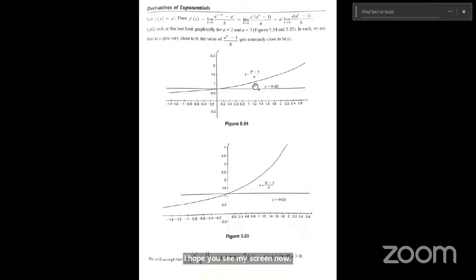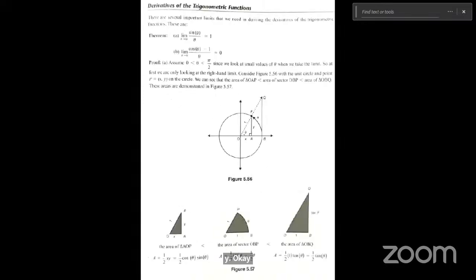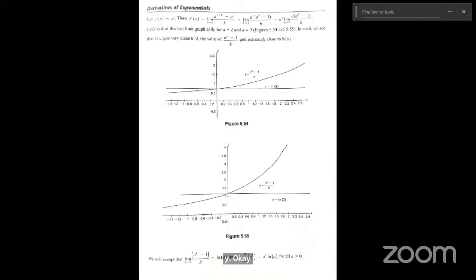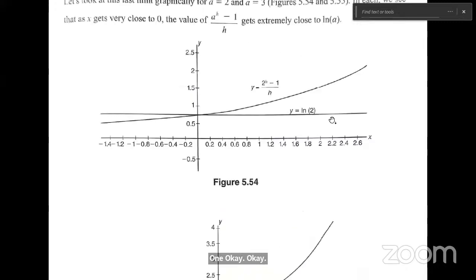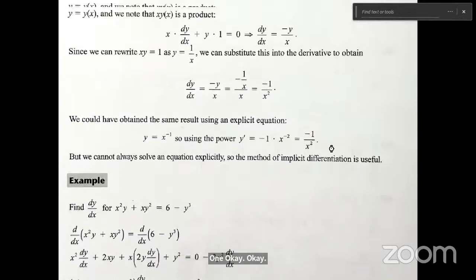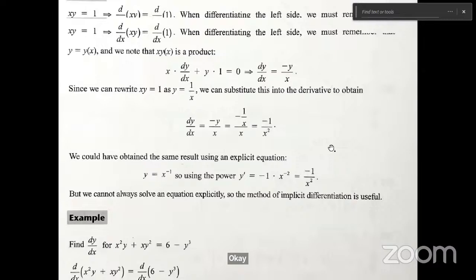One man salary. Who said one man salary? It was like one month salary.